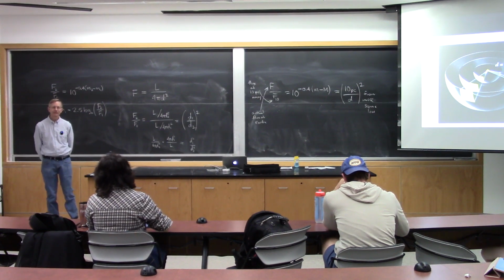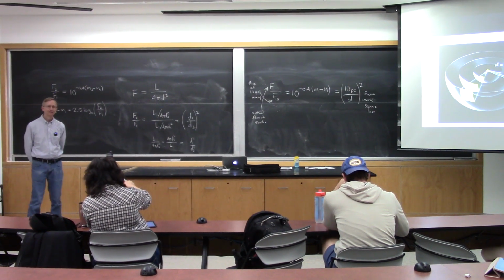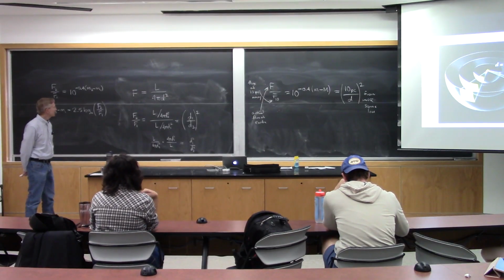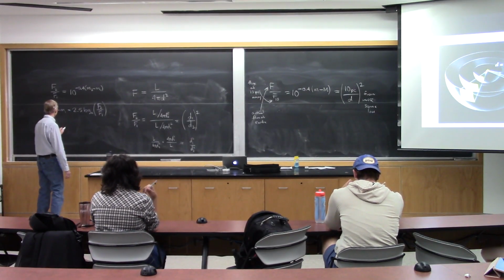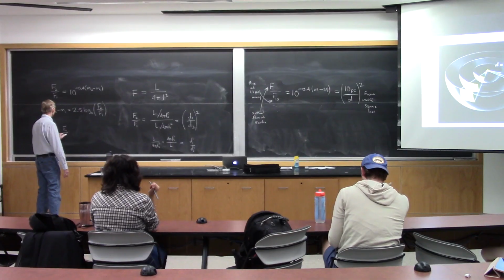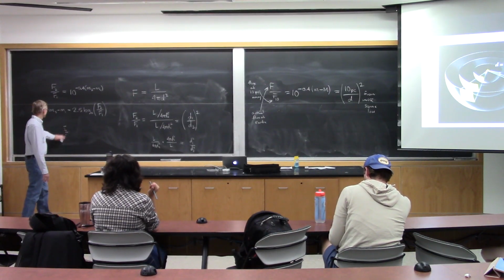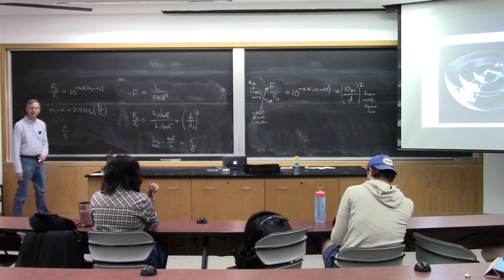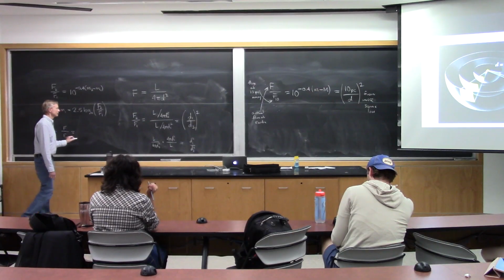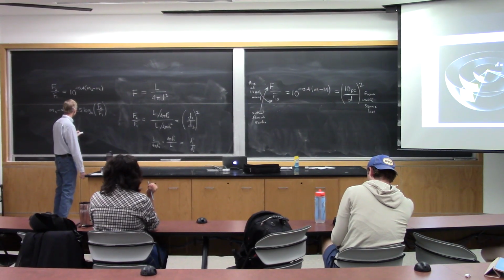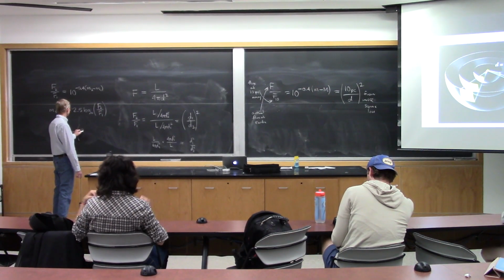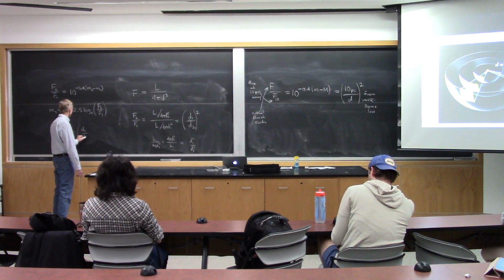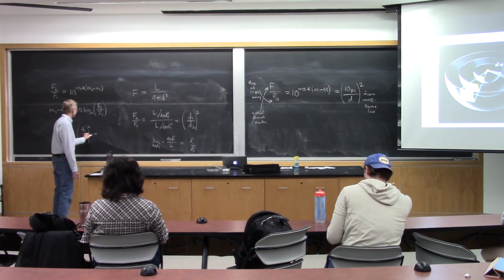Yes? Sorry, but I'm not understanding how that equation relates to that one. So now just say F over F10 is equal to, in this case, D10 over D, the quantity squared.